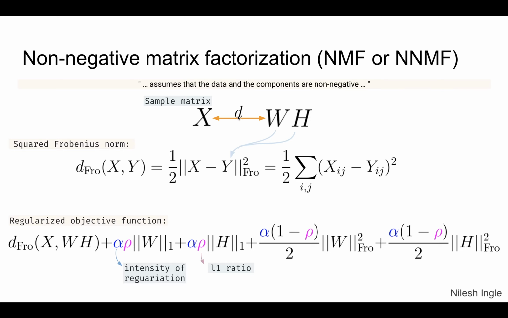And that distance can be found by this Frobenius norm, which is given by this equation. And down below here is the objective function that is minimized in the scikit-learn implementation, where these alpha and the rho terms are used for controlling the regularization.